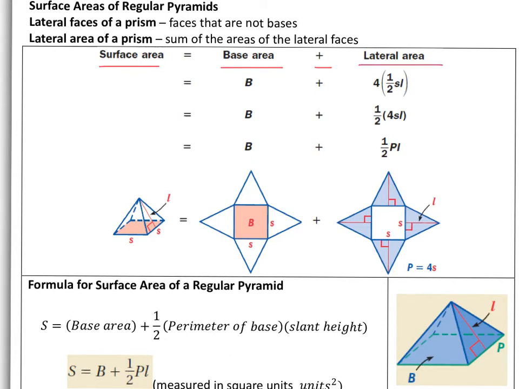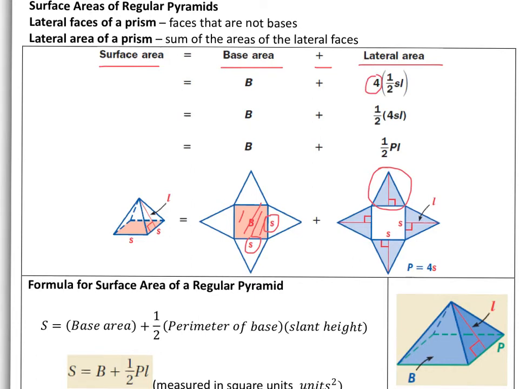In this case, the base area would just be S times S because we have a square as the base. And here, the lateral area, since we have 4 triangles, we need to multiply by 4.